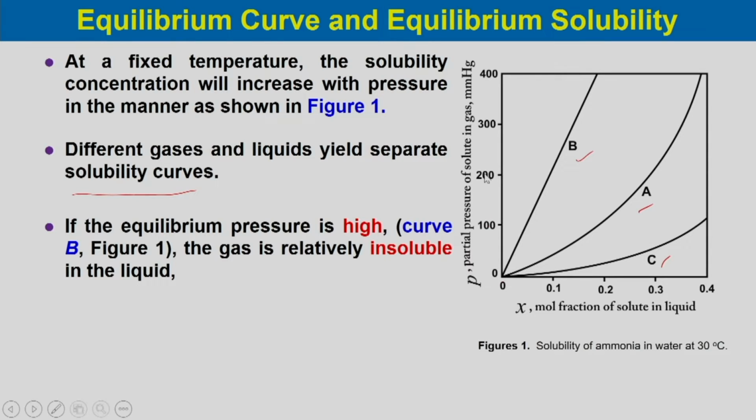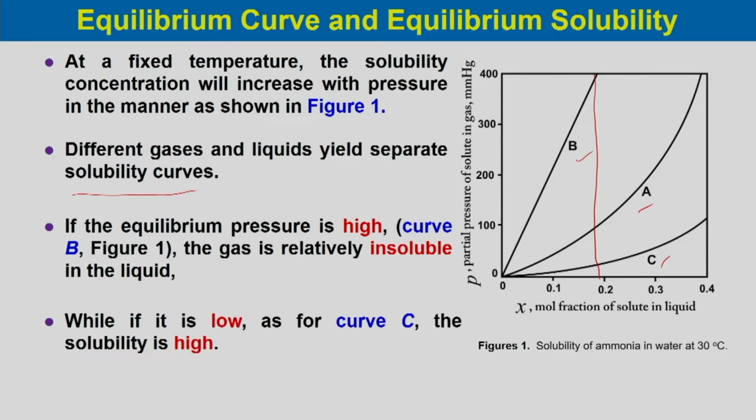Even when increasing the pressure in the gas phase appreciably, the solubility in the liquid phase is relatively low, close to 0.2 mole fraction of the solute. So, we call it relatively insoluble if the equilibrium pressure is high, while if it is low as in curve C, the solubility is said to be high compared to B and A. In this case you can see that with a small change in pressure, the mole fraction in the liquid phase increases to 0.4.